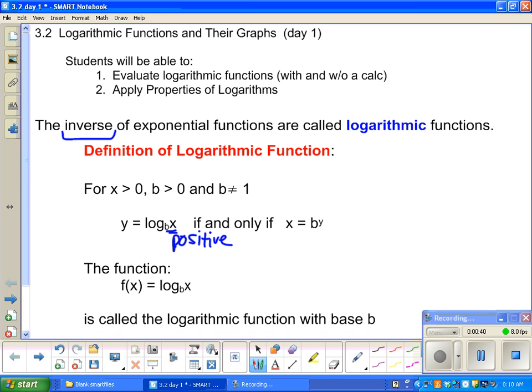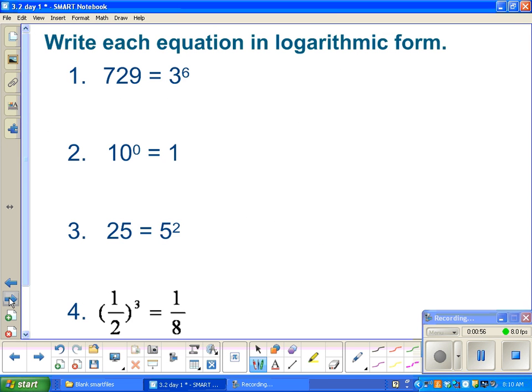So you can take it from exponential form and write it into log form, and vice versa. You can take it from log form and write it into exponential form. It's called the log function with base b in this case. We're going to practice writing each in log form.